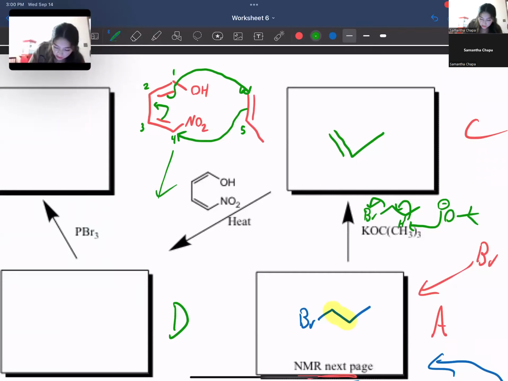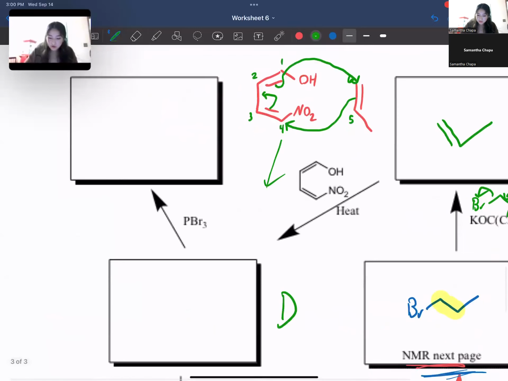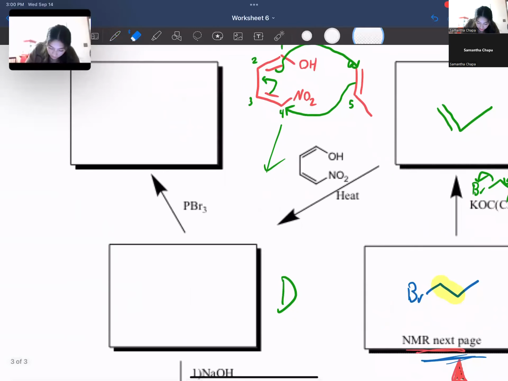And then we draw a product. So like always, we're forming the cyclohexene. I'm going to number my carbons. So 1, 2, 3, 4, 5, 6.